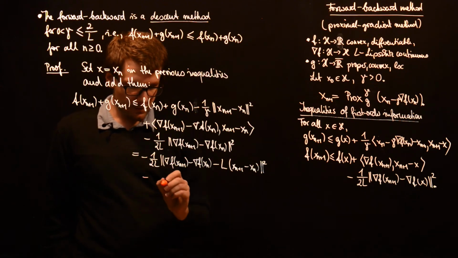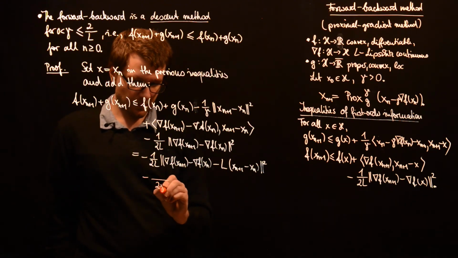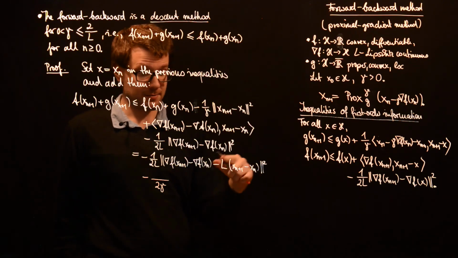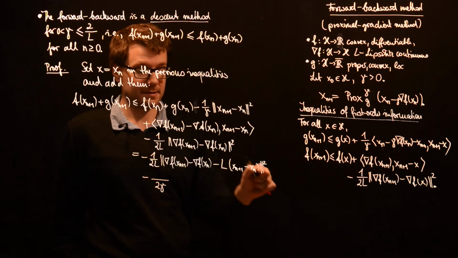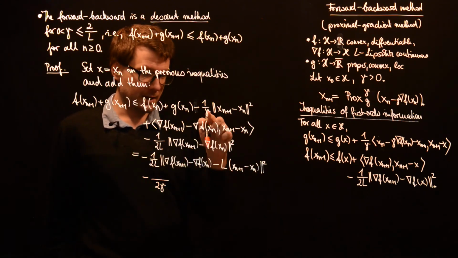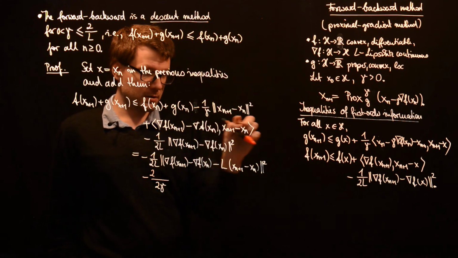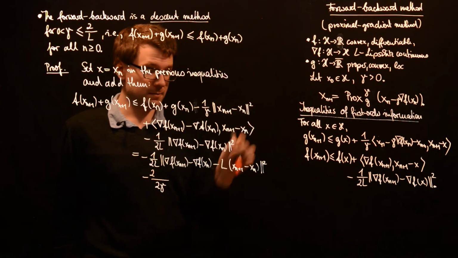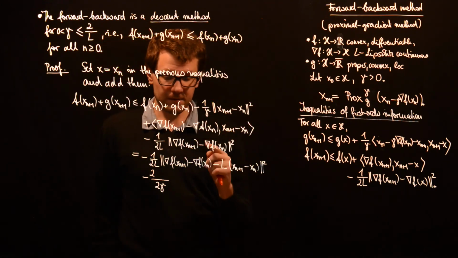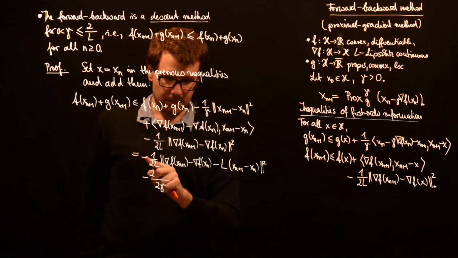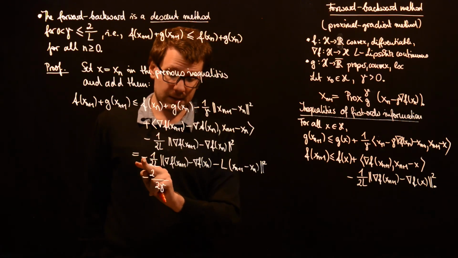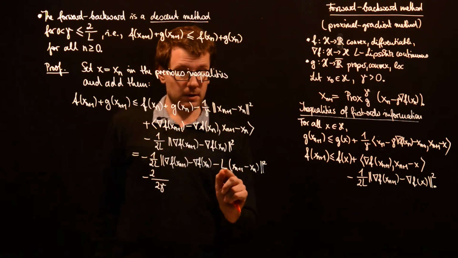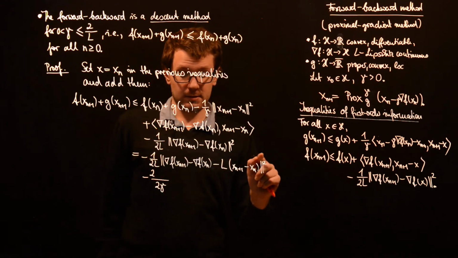And the remainder will be this quadratic expression which we have invented here, so we have to correct this. First of all, we have minus 2 over 2 gamma times the norm of xn plus 1 minus xn squared, which is this expression. And then we have invented an additional minus 1 over 2L times L squared, which is L half, times the norm of xn plus 1 minus xn squared.